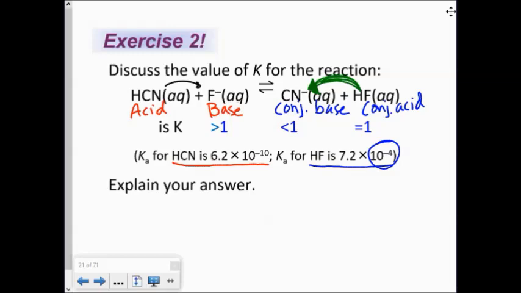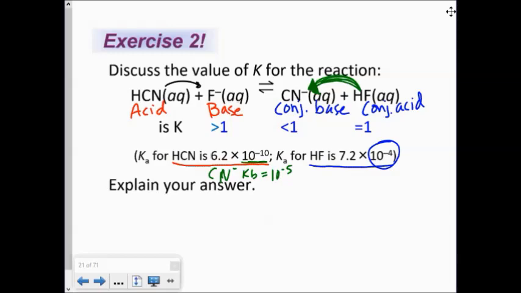But what else do we know about the CN? Because if this is 10 to the minus 10 for the HCN, the CN minus is going to be what? Its Kb is going to be like 10 to the minus 5 something, so it's going to be a stronger base. Now we know which direction it's going to go. Which way is the equilibrium position going to lie?